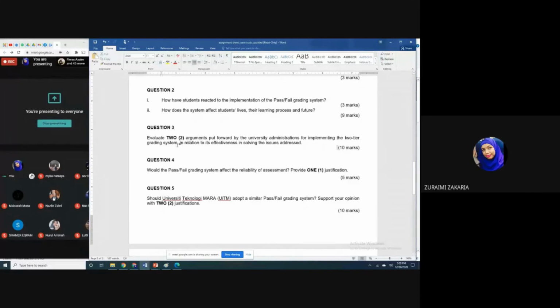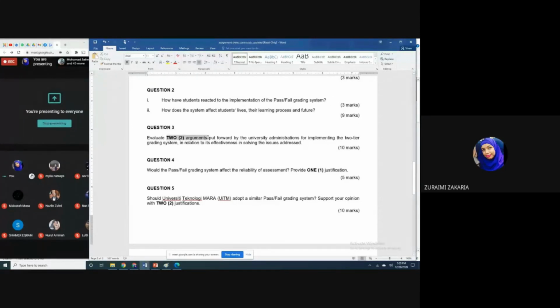Okay, so of all the arguments provided by the university administration, you need to identify 2 arguments. Okay, ambil 2 argument and then you evaluate this argument. 2 sebab kenapa universiti nak teruskan juga dengan 2-tier grading system.